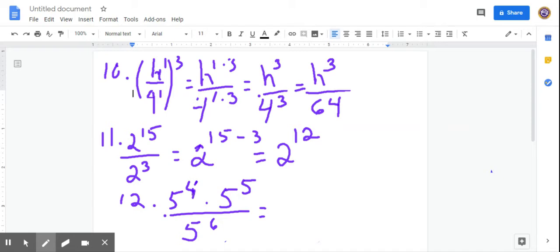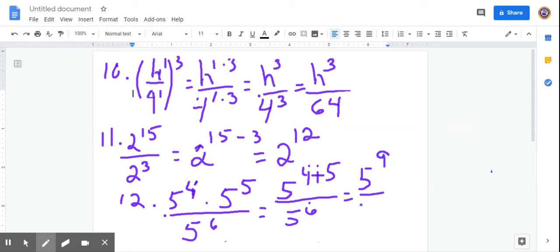So you're going to simplify that numerator first. You're multiplying, so the rule is to keep that base, add the exponents. So that's going to be 5 to the 9th power over 5 to the 6th power.